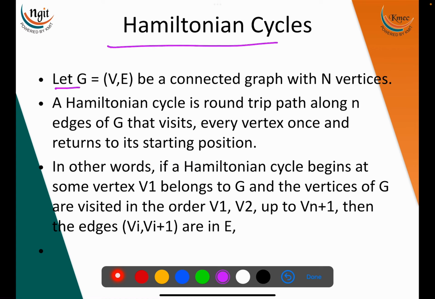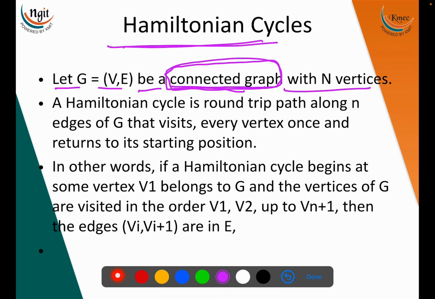Let graph G equal (V, E) be a connected graph. This is the prerequisite to generate Hamiltonian cycles with n vertices. The graph should be a connected graph with n vertices. The definition of a Hamiltonian cycle is that it is a round trip path.